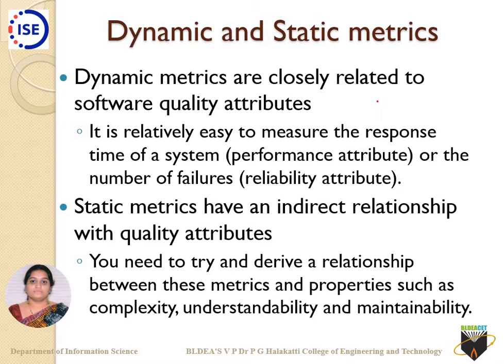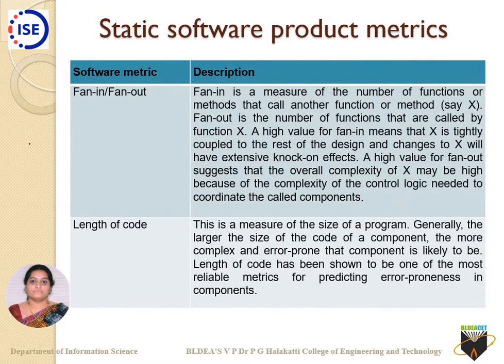They are directly and closely related because they are measured during execution, whereas the relationship is indirect for static ones. Among static product attributes, one is fan-in and fan-out, which tells you how many times a function is called by other functions.